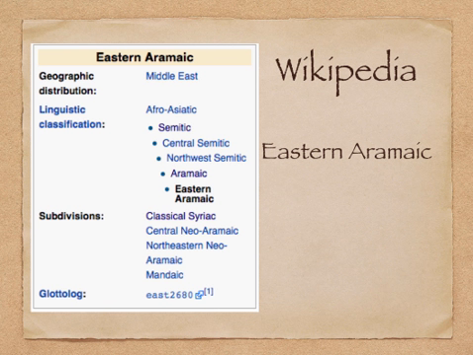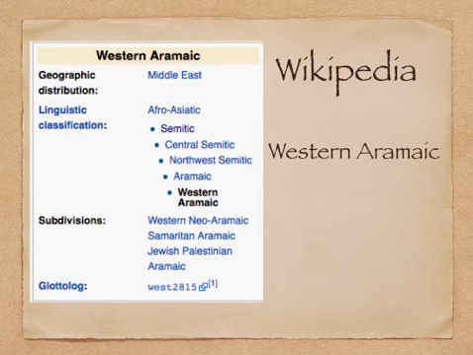Go back to those lessons on the Estrangela alphabet and the history of Estrangela to see just how widely spread Syriac was. So Eastern and Western Aramaic, unfortunately, those splits don't really take time into account.